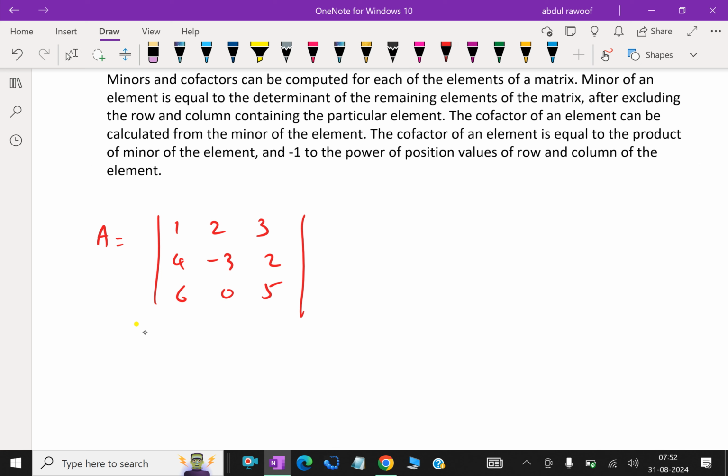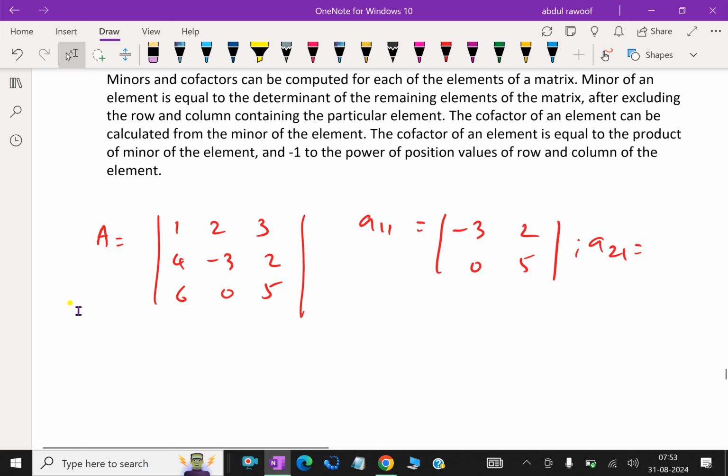This one is in the first row and first column, so you have to remove the first row and first column. You have to write the minor, which is minus 3, 2, 0, 5. Like that you can understand.